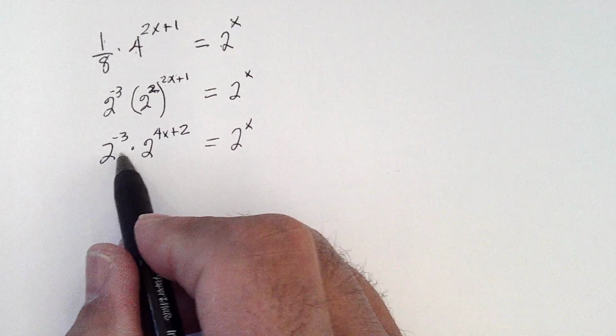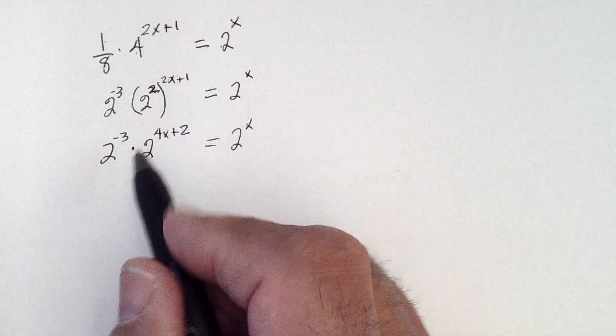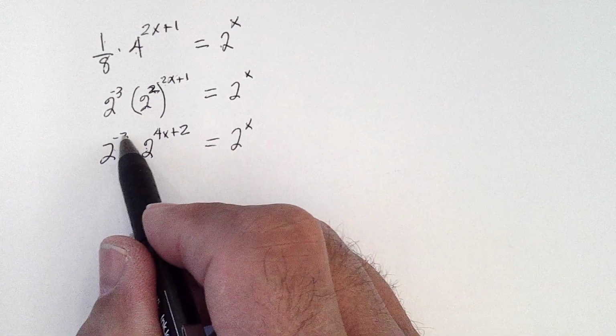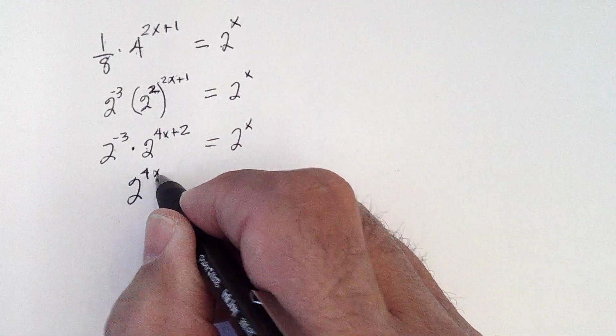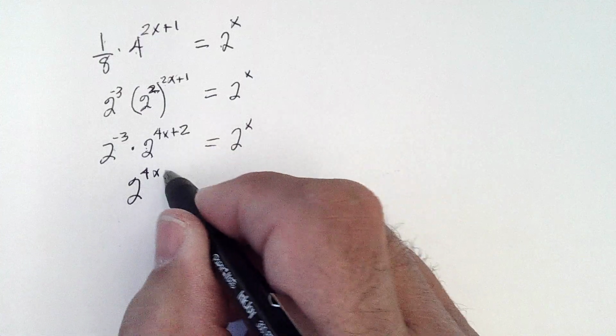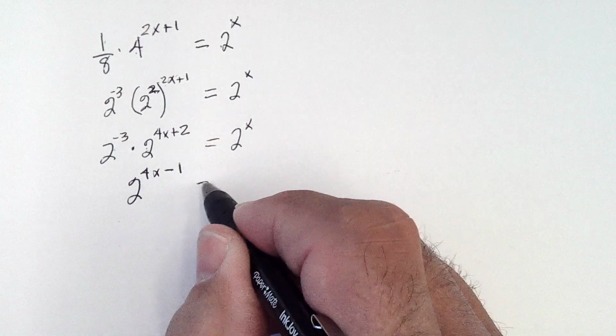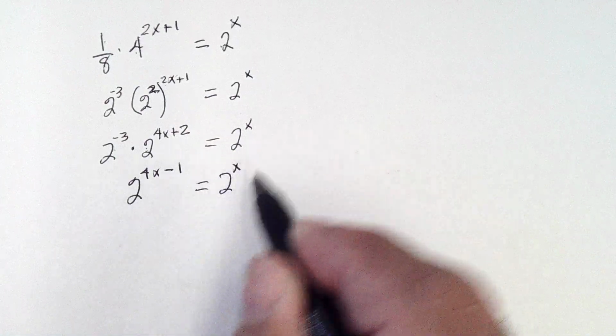And then if we're multiplying with the same base, we add the powers, so we get 2 to the 4x minus 3 plus 2, which is minus 1, equals 2 to the x.